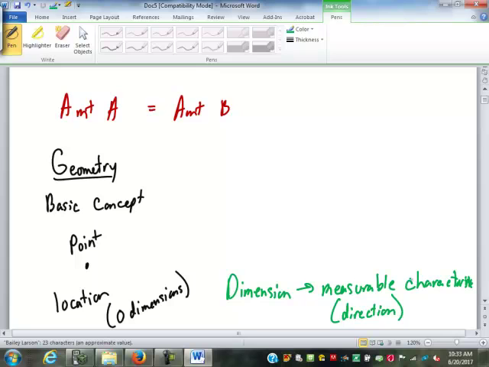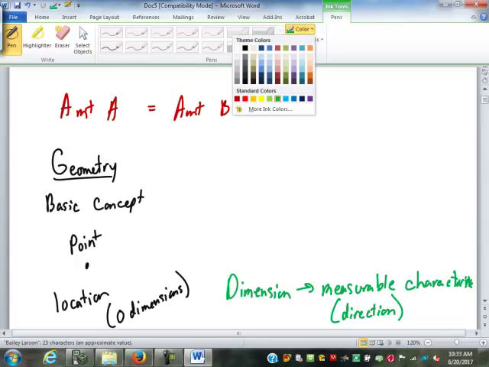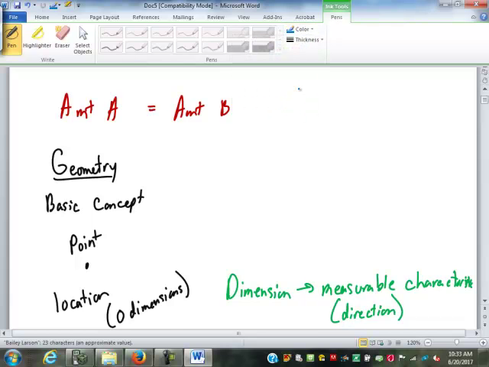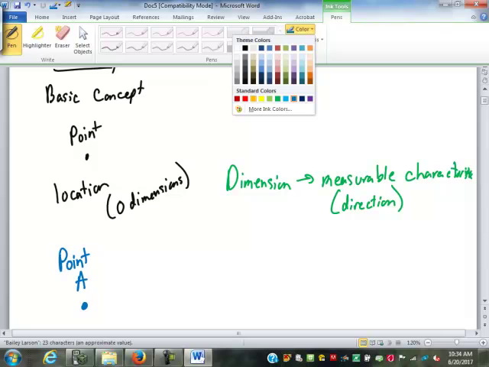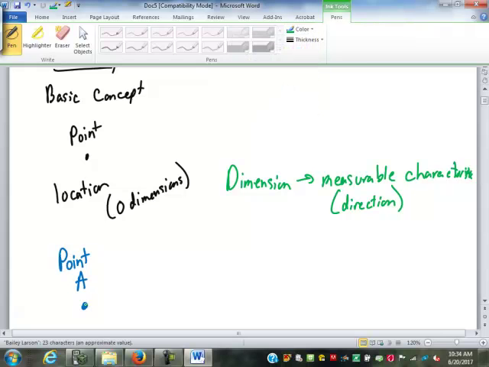So 0 dimensions, there's literally 0 directions that you can measure this object in. If I take a point, I'm going to call it point A here. And if I take that point and drag it across the surface, now I'm going to call that point B. I'm ending at point B.